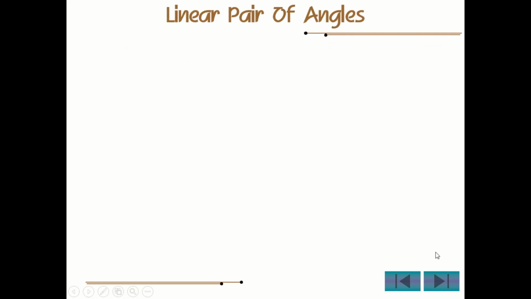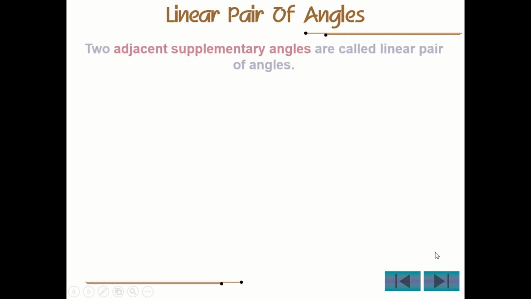Linear pair of angles. If two adjacent angles are supplementary, then tawag siya o linear pair of angles. Adjacent meaning tapat. Supplementary, their sum is 180 degrees.